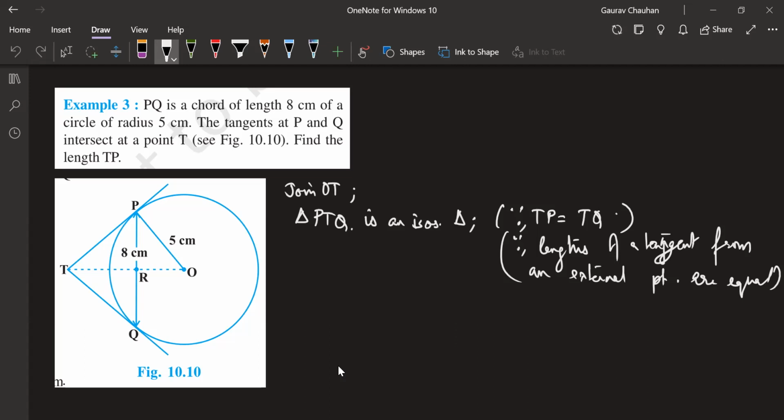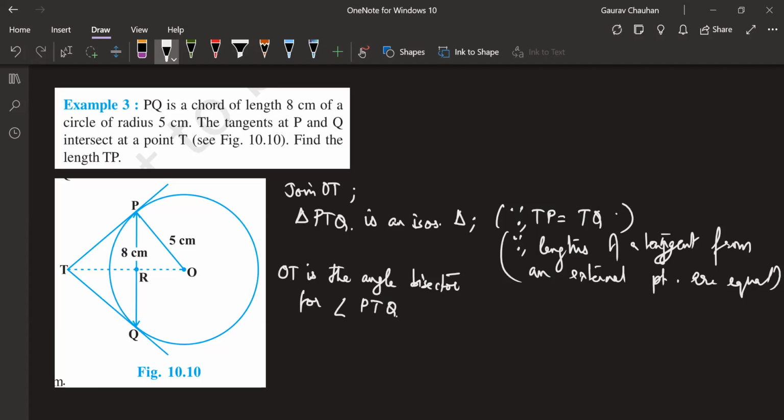Now that also means if TP is equal to TQ, we know that OT is the angle bisector for angle PTQ.